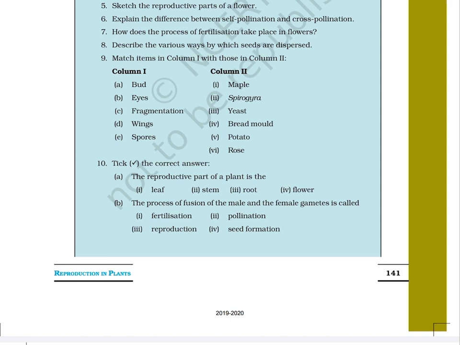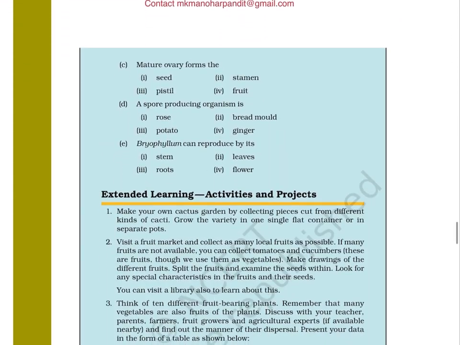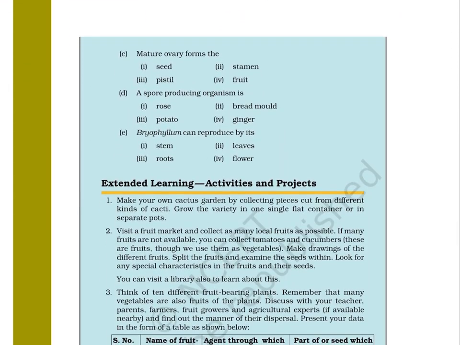Page 142. C. Mature ovary forms the 1. Seed. 2. Stamen. 3. Pistil. 4. Fruit. D. A spore-producing organism is 1. Rose. 2.